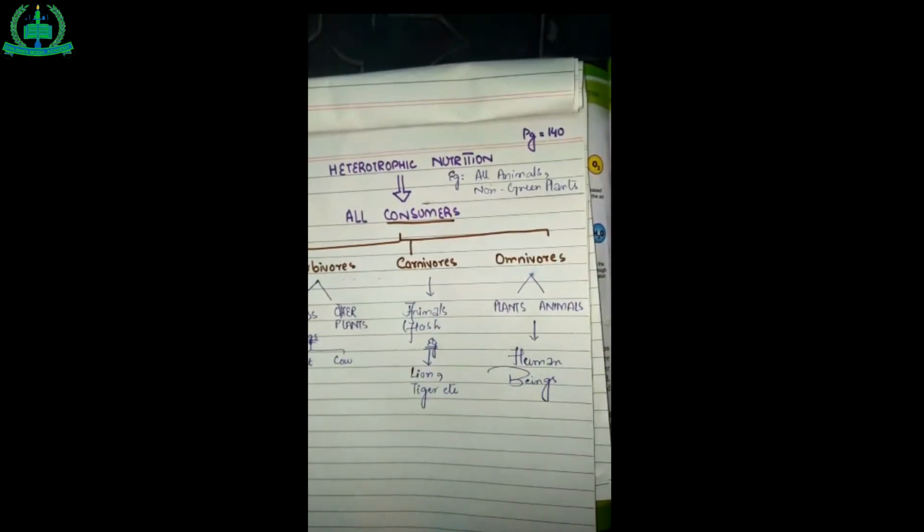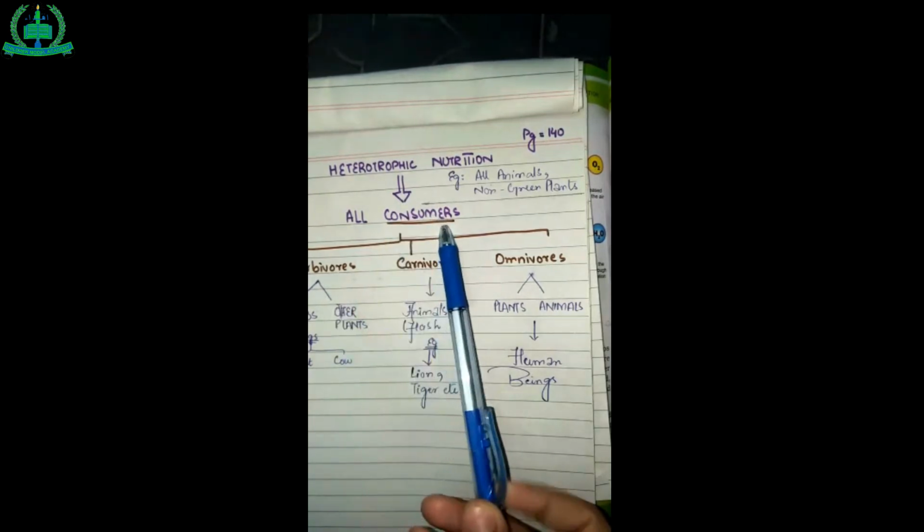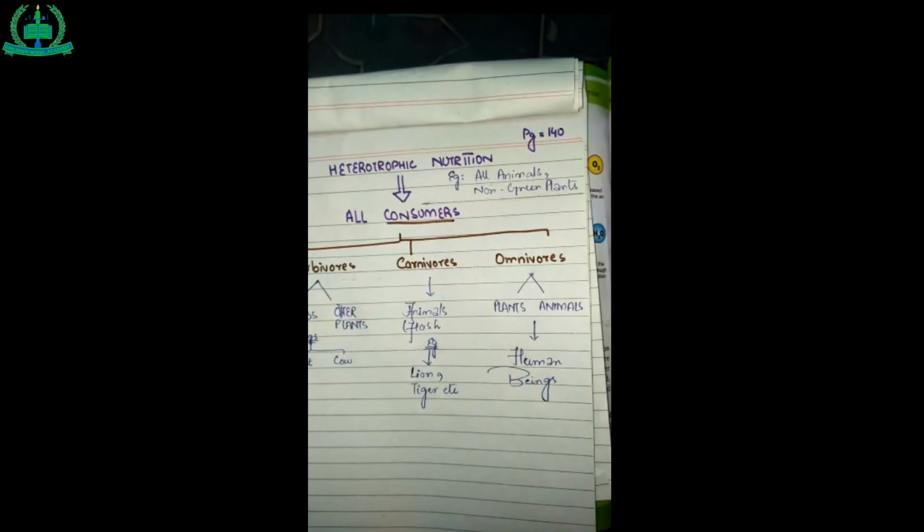In order to proceed in our life, we eat animals and plants. So all the consumers lie under the category of heterotrophic nutrition, and we have discussed the types of consumers: herbivores, carnivores, and omnivores.